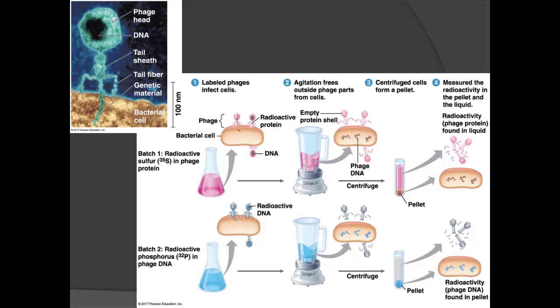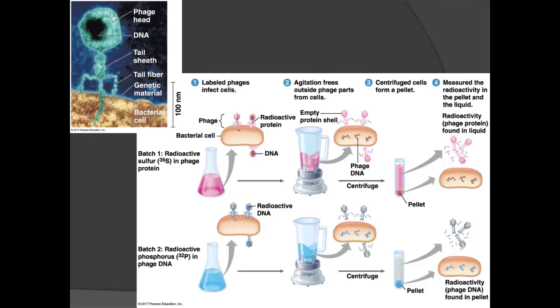In the centrifuge sample, there would be a pellet at the bottom that contained the heavier elements, which would be consistent with the cells. The other portion would be considered the supernatant. The scientists then measured the radioactivity in both the pellet and the liquid to try and determine what the transforming agent was.